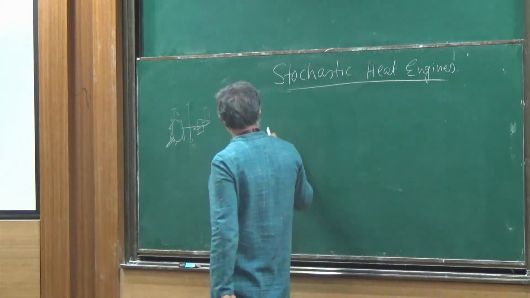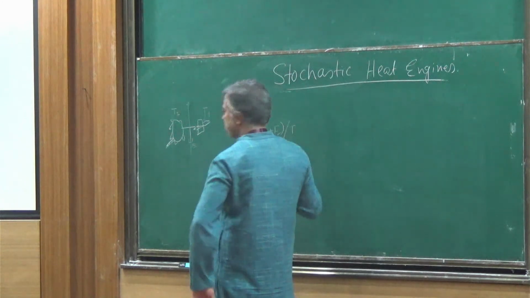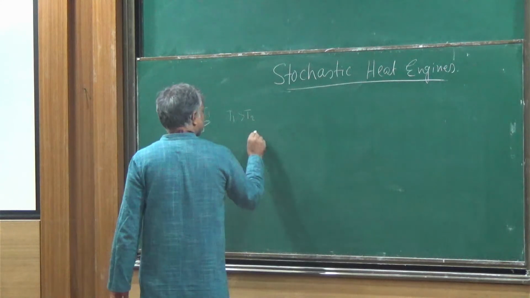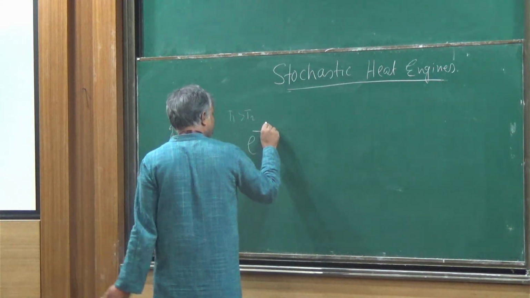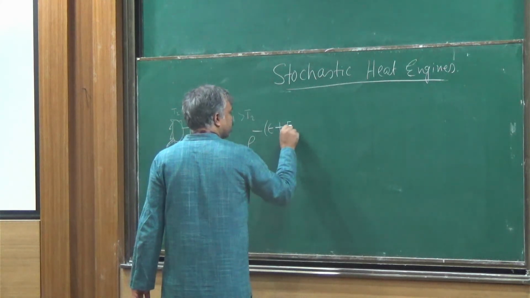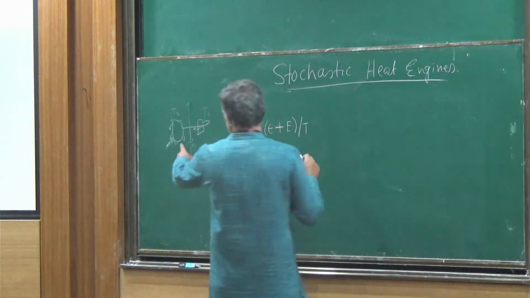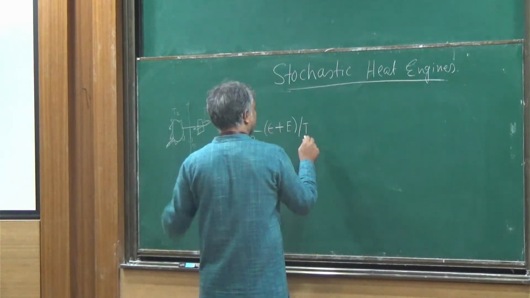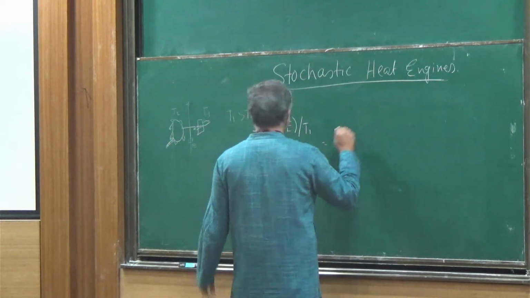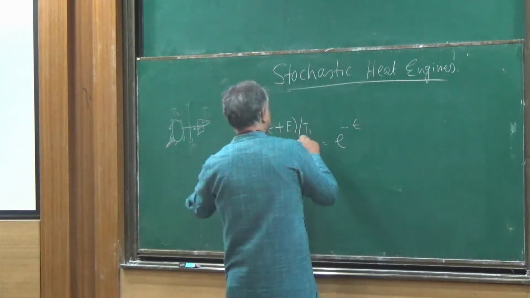So the rate of this rotation, or the inverse of the rate, comes from the Boltzmann probability in the reversible case: e to the power minus (epsilon plus E) over k T1, and e to the power minus epsilon over k T2, the same without the load.